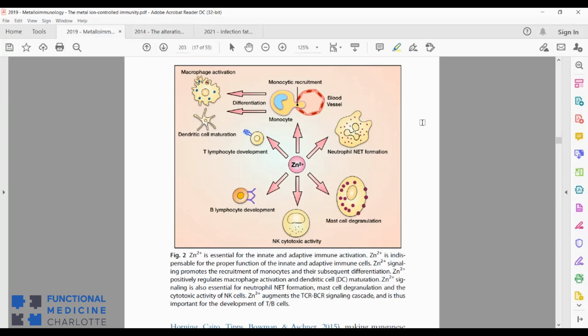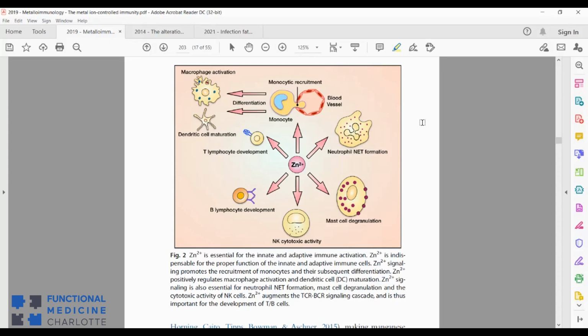So what does it do? It does a lot. One thing it does is promote monocyte recruitment to tissues. So say you have an infection in your spleen, or in your big toe. Well, in the bloodstream, you have monocytes, and monocytes will travel in the bloodstream to the area of injury or infection and then exit the blood and enter the tissue.